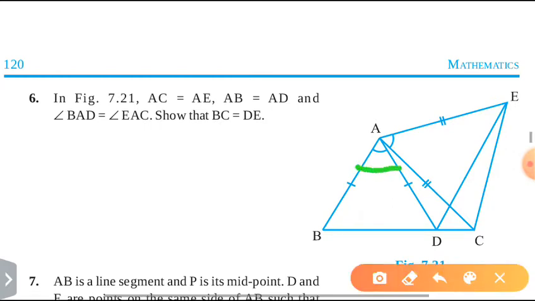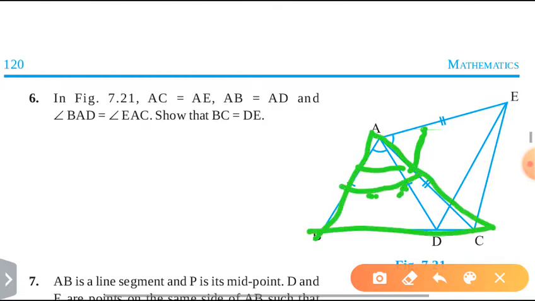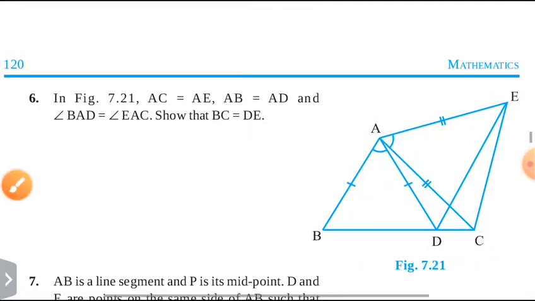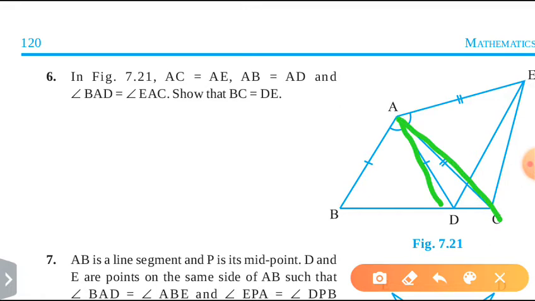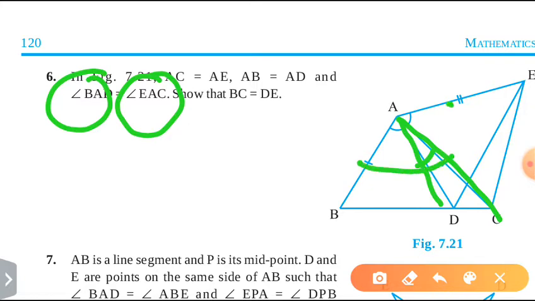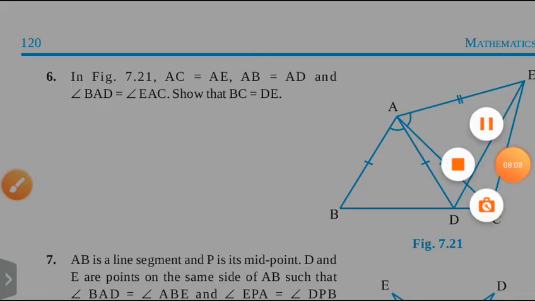For triangle BAC we require this whole angle. That means we require the angle DAC more. So we have to add this angle DAC on both sides of these two angles, and then these two angles will be equal to each other. I will show you the answer also.